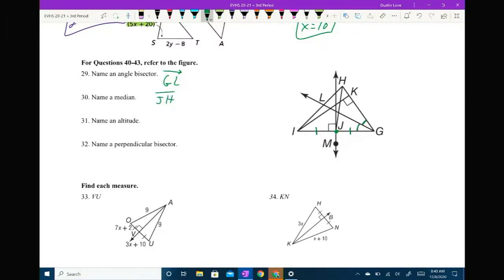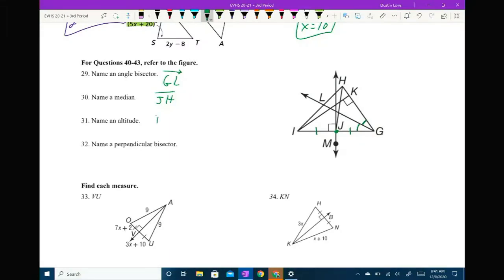Name an altitude. Remember, an altitude goes from a vertex to the opposite side at a right angle. Looking at the things that go through the vertices, GL does not meet at a right angle. HJ does not meet at a right angle, because this right angle here is for IJM. But I can see that IK goes from the vertex to the side and does make a right angle.